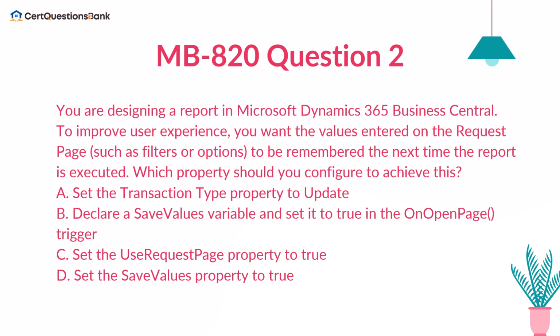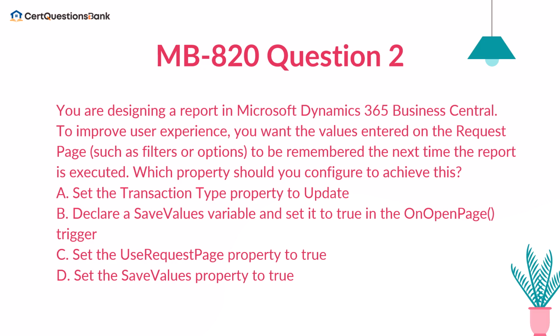You are designing a report in Microsoft Dynamics 365 Business Central. To improve user experience, you want the values entered on the request page, such as filters or options, to be remembered the next time the report is executed. Which property should you configure to achieve this?